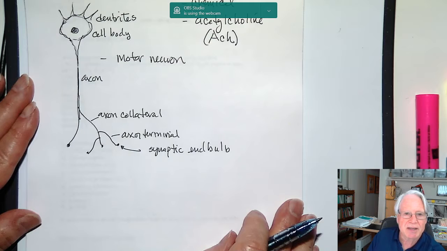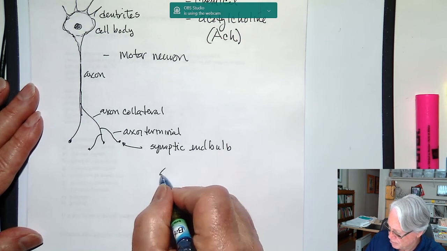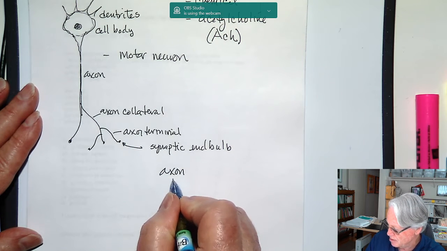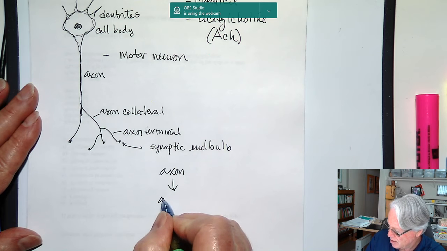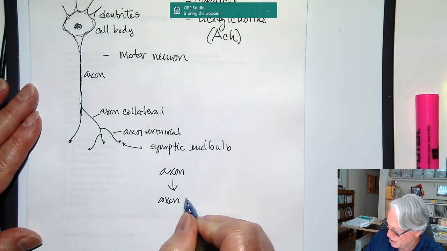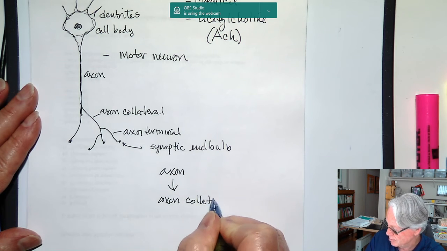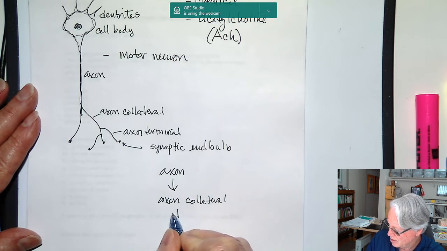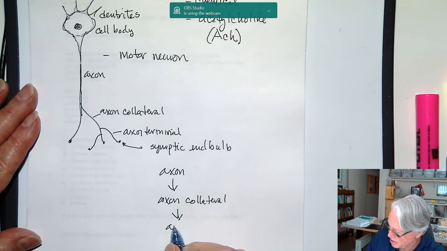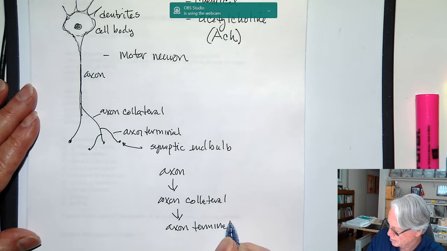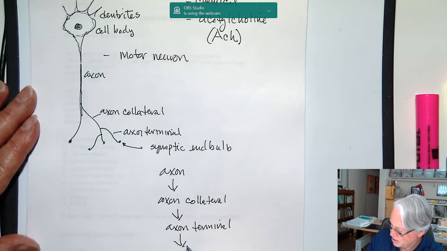So if we were to write that down, it would be axon, axon collateral, axon terminal, synaptic end bulb.